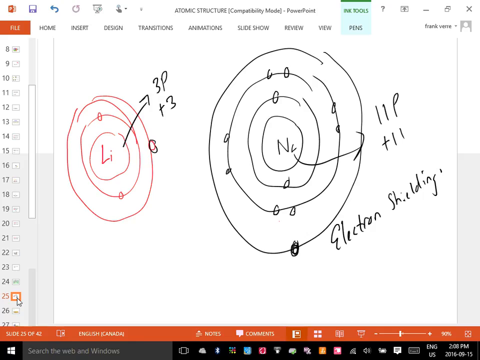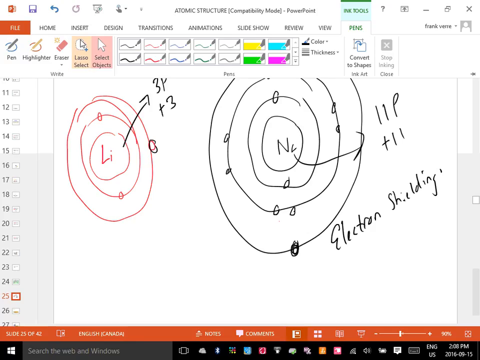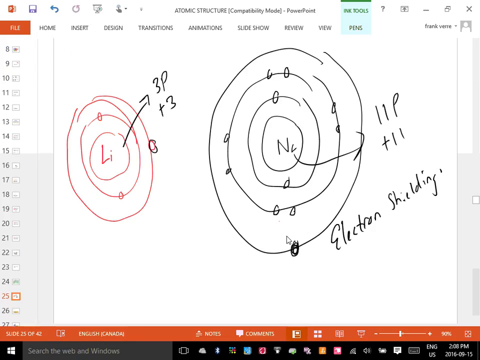Because look at the position of the electron. They're both by themselves, but I'm not drawing this to scale. But the idea is that this electron is much further away than this one.